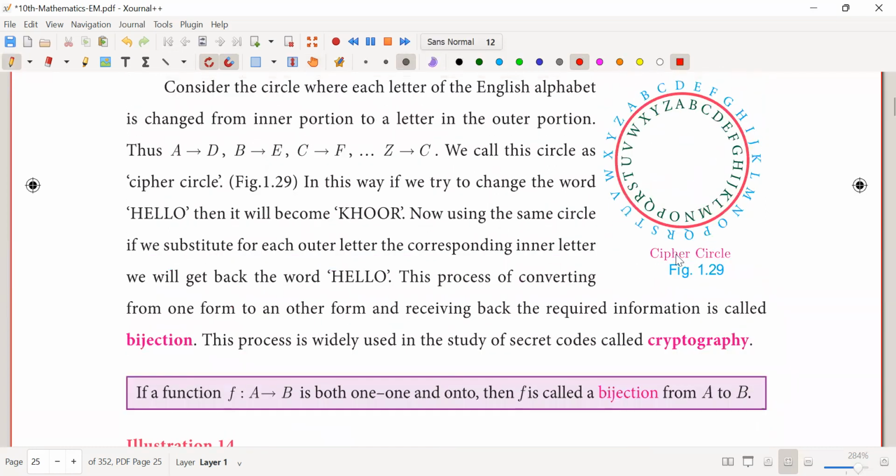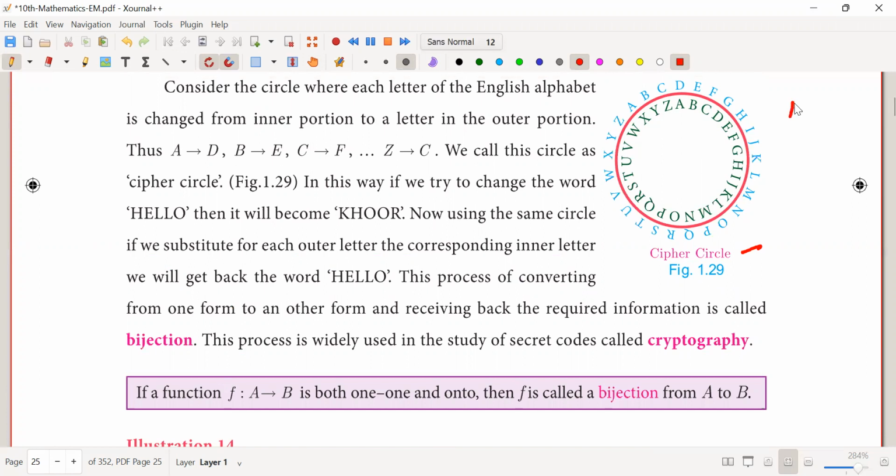See, this is the cipher circle for each element. See here, D will be written as A, E would be written as B. That is 3 steps.